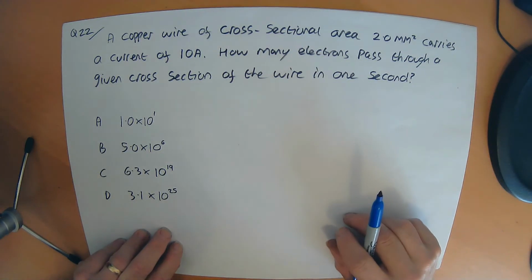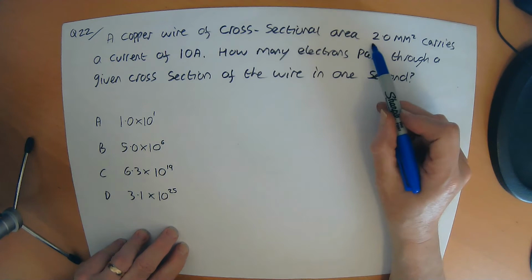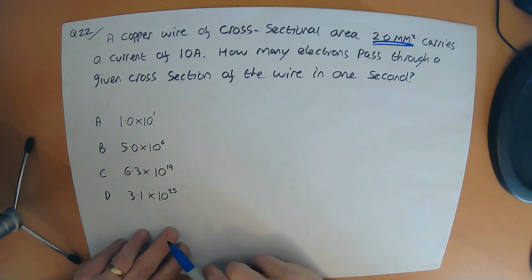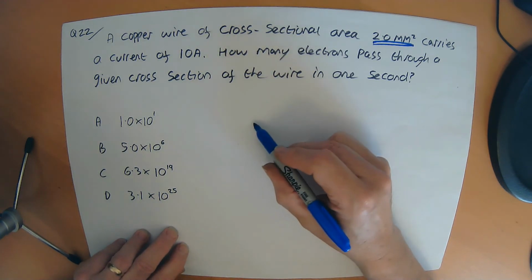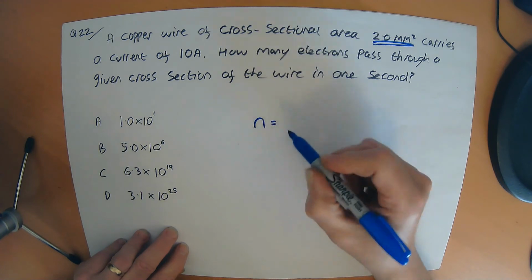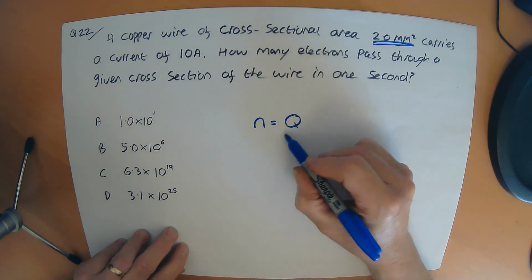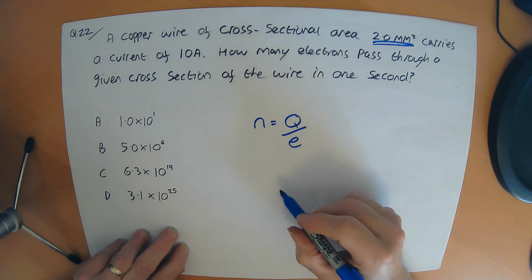For question 22, you were quite sneakily given a piece of information that you didn't need, because all we want to know is how many electrons pass through a given cross-section. And we're told also that the time is 1 second, so in fact we don't even need to worry too much about the time. The number of charge carriers is equal to the total charge divided by the charge for each one of them.